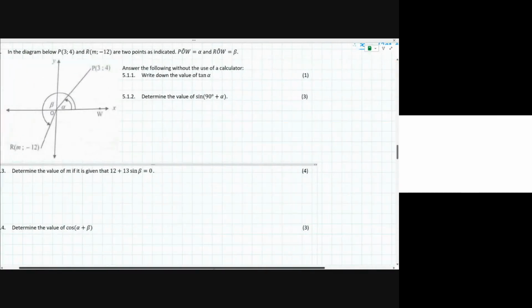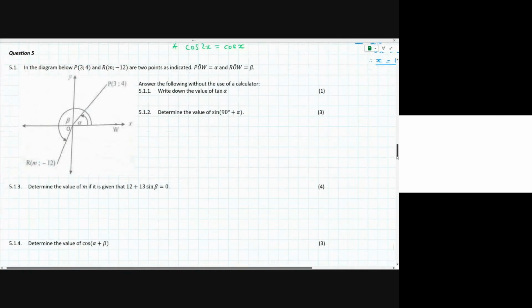All right, so this first question, 11 marks. I'm going to give you 11 minutes. I want you to answer 5.1.1 to 5.1.4 for me. So it says, in the diagram below, P at (3, 4) and R at (m, -12) are 2 points as indicated. Angle POX is alpha and ROX is beta.